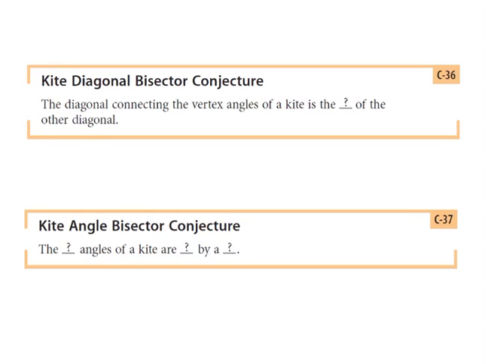Okay, the diagonal connecting the vertex angles is the, that's a good question. The diagonal connecting the vertex angles of a kite is the perpendicular bisector of the other diagonal.